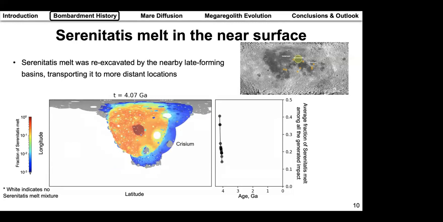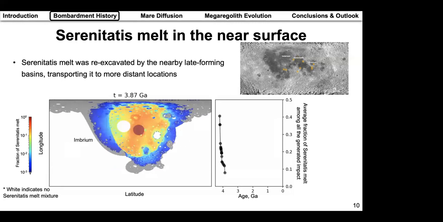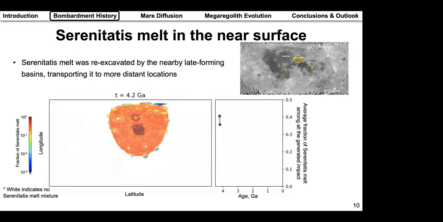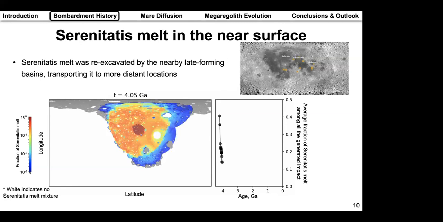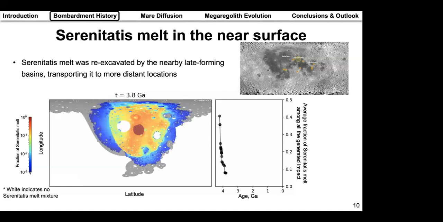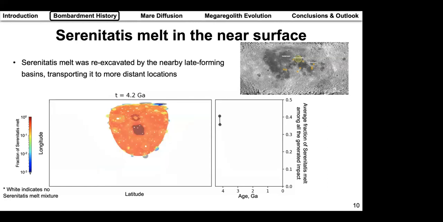This impact melt is mainly distributed near the basin, as you can see in the redder color. You can also see some generated melt materials transported further away, but the abundance is quite small, as indicated by the blue and gray color.